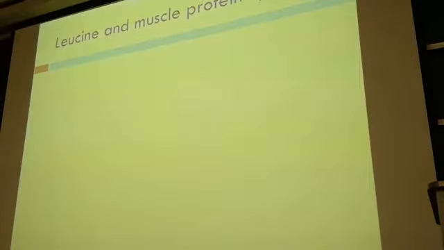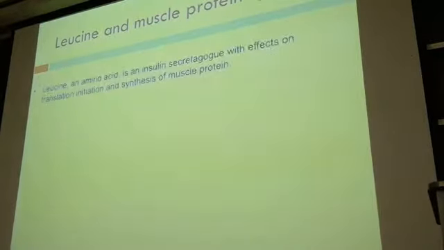So protein obviously supplies amino acids, and among those amino acids, the one that's really most important, we think metabolically, for maintaining normal muscle structure and function is leucine. We've heard about leucine.